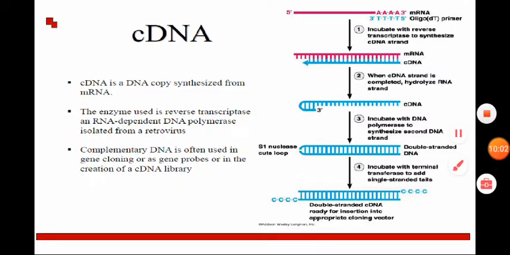So how can we prepare the DNA from the mature mRNA? Here the cDNA is a DNA copy synthesized from the mRNA. Here we use the reverse transcriptase enzyme for the preparation of DNA.